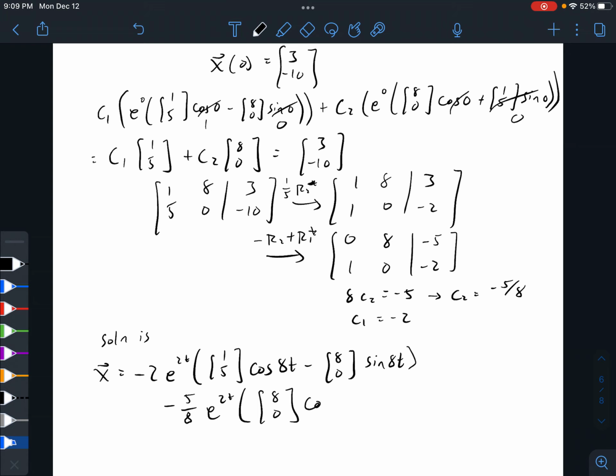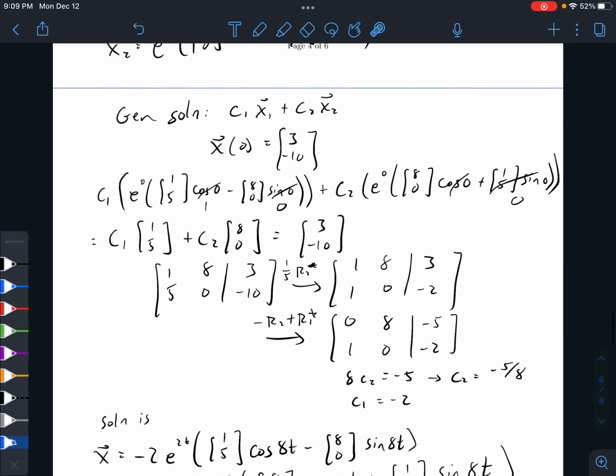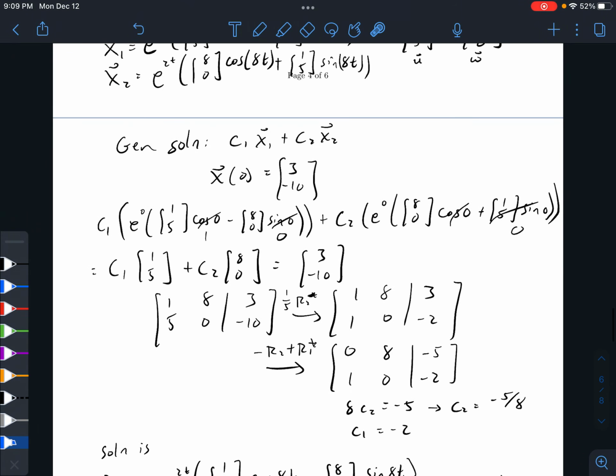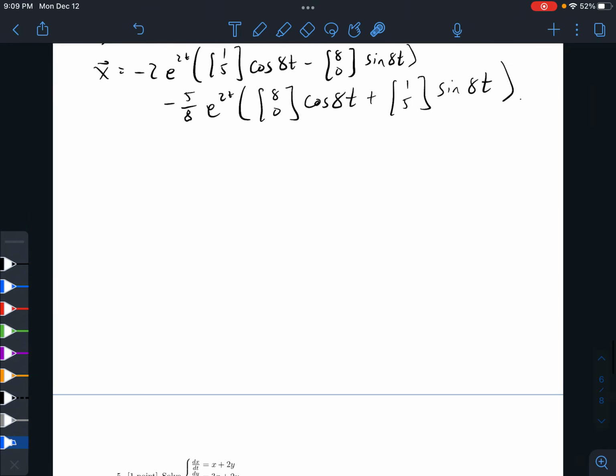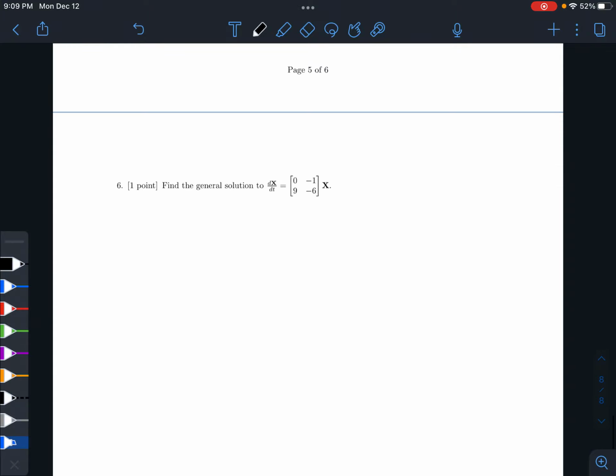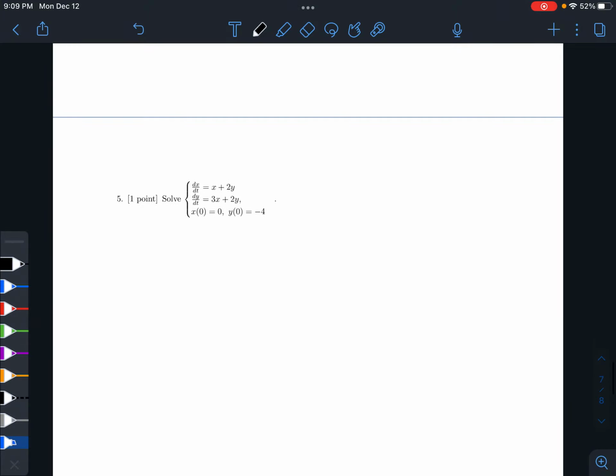Just remembering, when I plugged in 0, I'm just going back in terms of t, and then just using the correct c1 and c2 choices. All right, and that would be our general solution. Or not general solution, that is just our solution to the IVP. All right, cool. Almost done.